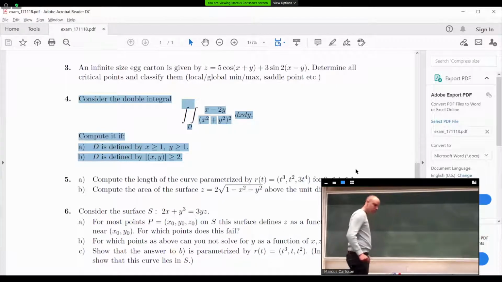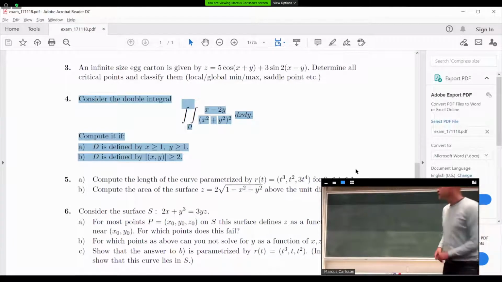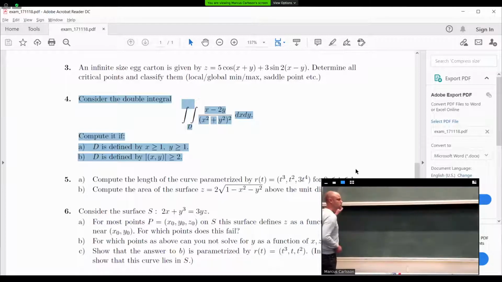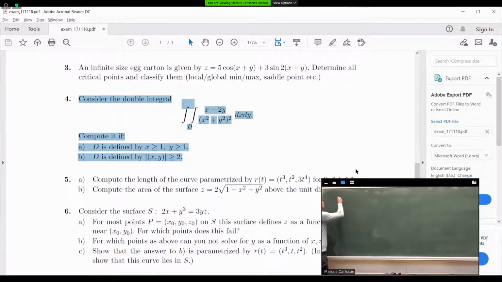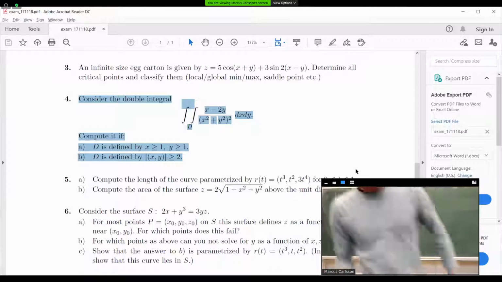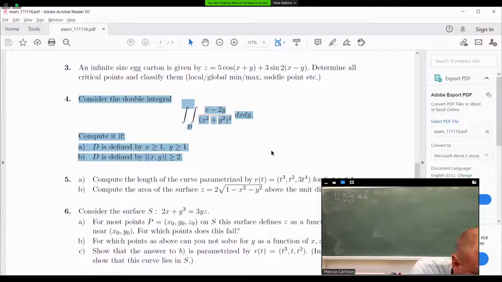Right, so that's the integral, and then the domain D here is just x bigger than 1 and y bigger than 1.